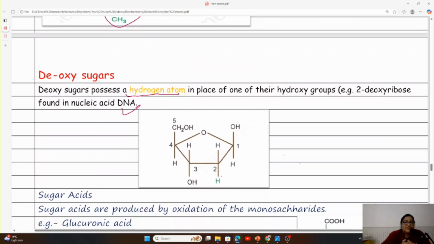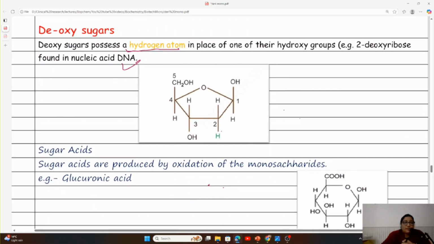Now moving on to the deoxy sugars. Deoxy sugars possess a hydrogen atom in place of one of their hydroxyl groups. If we look at the structure of ribose sugar, at the second position there is an OH, but here you can see the oxygen is removed, hence it is a deoxy sugar.